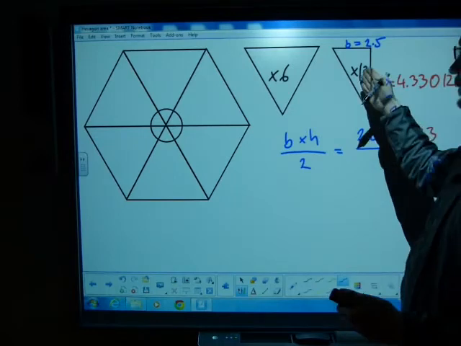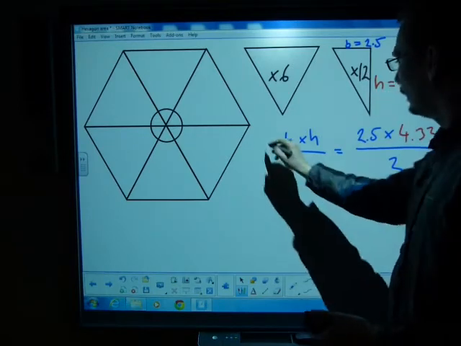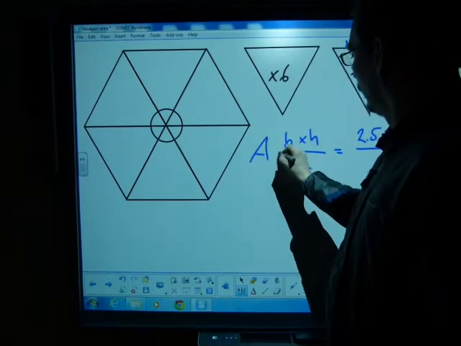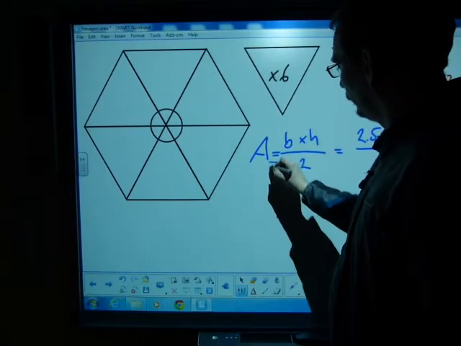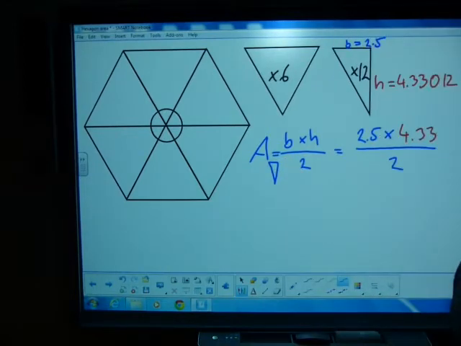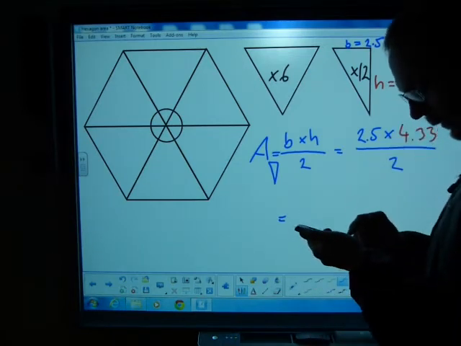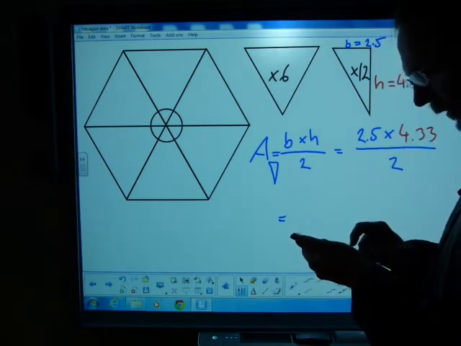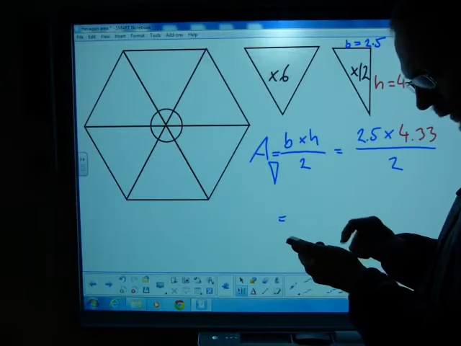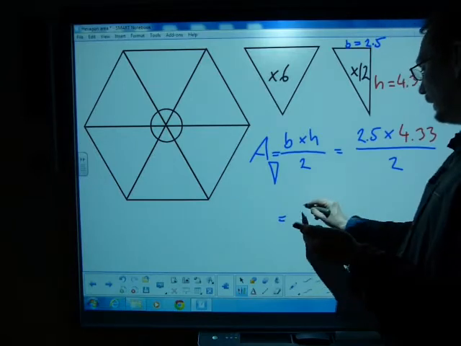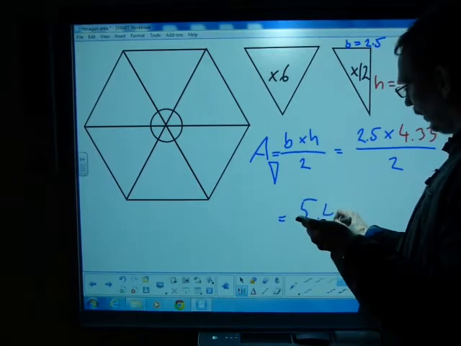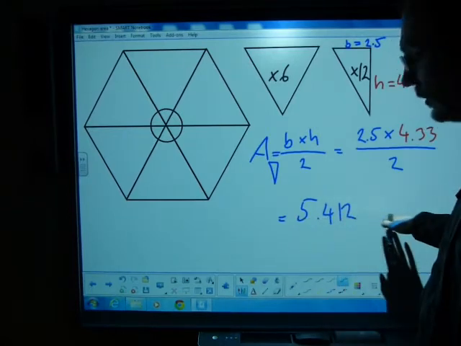Let's see what happens to the area of that chopped in half equilateral triangle. If I do this number by 2.5 equals, divided by 2, I'm going to get 5.412 plus the rest of the digits.